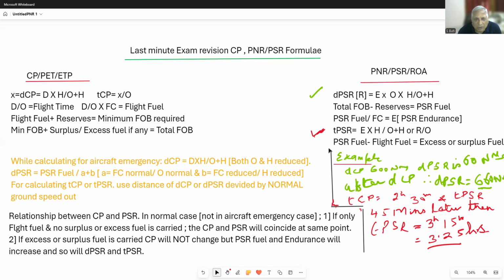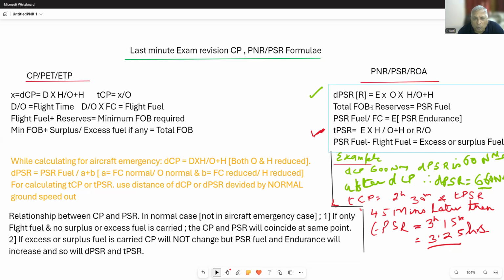And questions are asked sometimes, what is the excess fuel carried? Okay. Now calculate the flight fuel from here. Total distance D divided by O will be your flight time, multiplied by fuel consumption will give you flight fuel. Flight fuel plus reserves give you the minimum fuel on board required. And minimum fuel on board plus surplus or excess fuel is called total fuel on board.